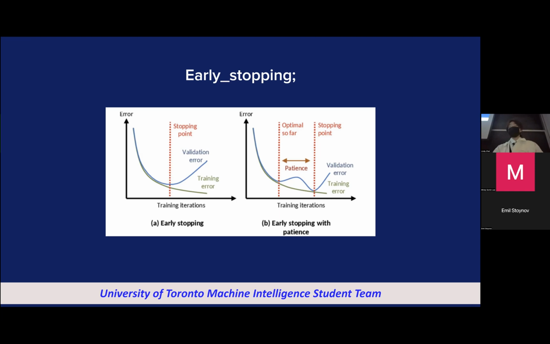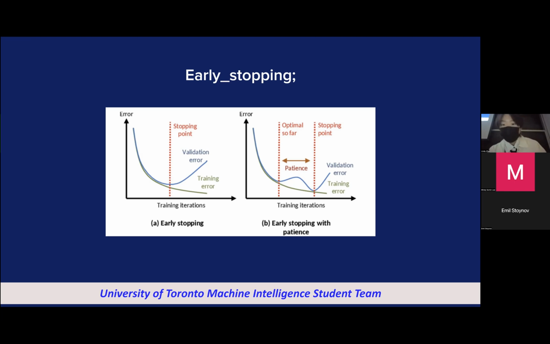You don't want to stop immediately after you identify the overfitting trend, but you want to give it a patience period, for example 20 epochs. Wait for 20 epochs, and then, okay, now I think I found the point, and stop there.